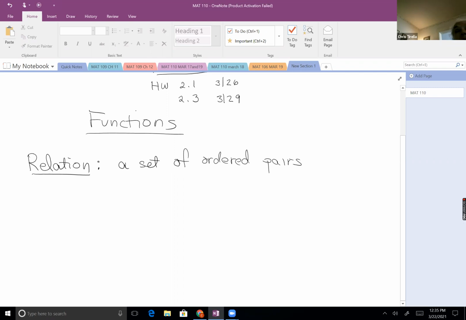A relation can be any set of ordered pairs. They can be numeric, or they can be otherwise. An example of a non-numeric relation might be a class roster.